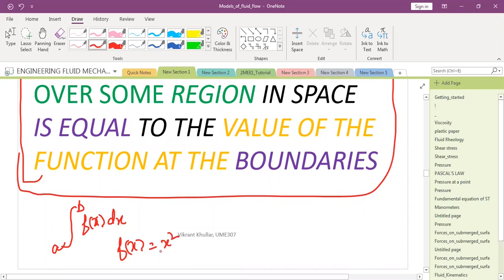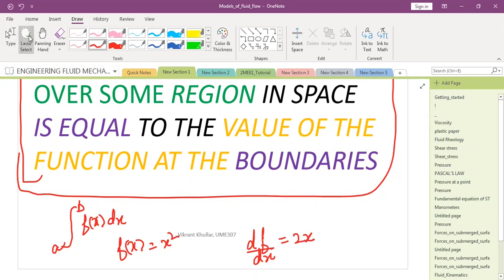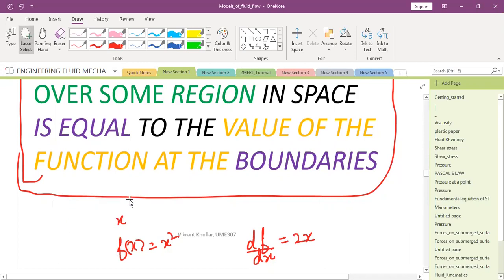Now what will be df by dx equal to? 2x. Yes, sir. So I am writing down here, now please be careful, f(x) is x square, df by dx is 2x. I am putting it here.